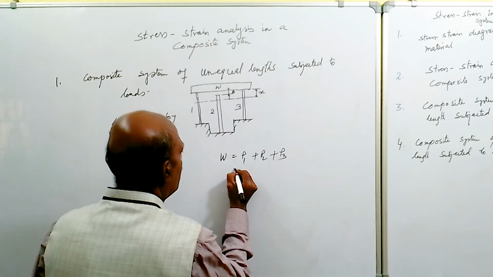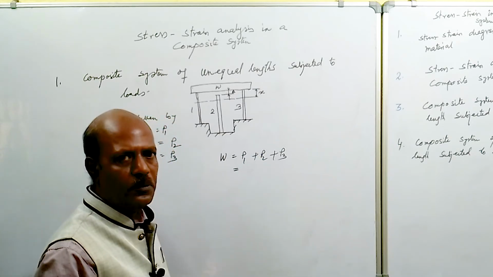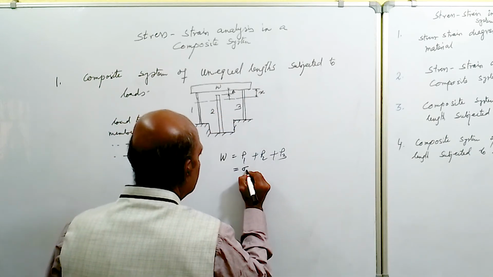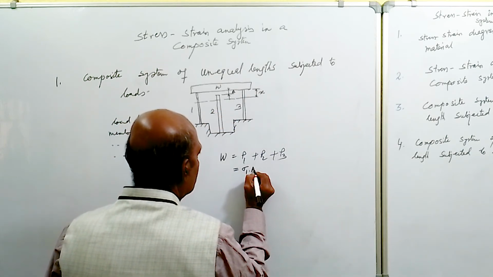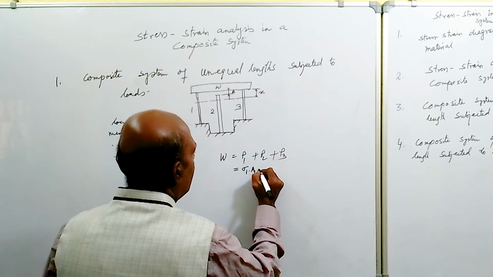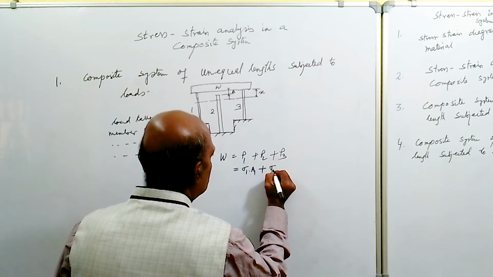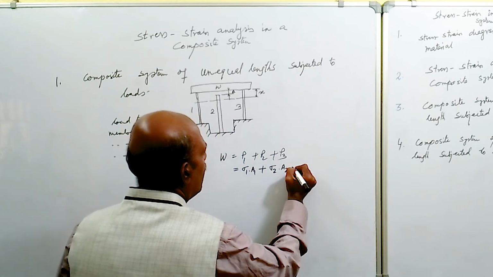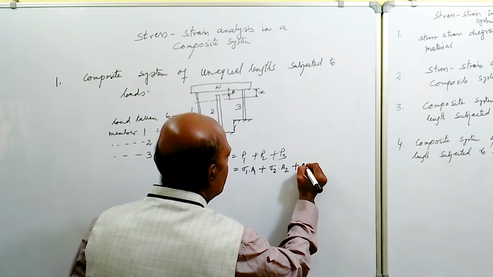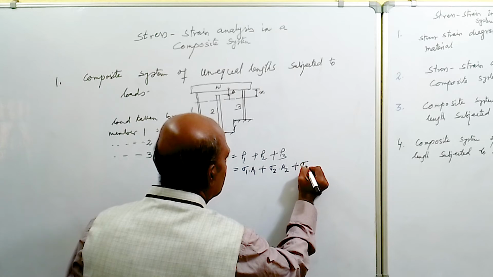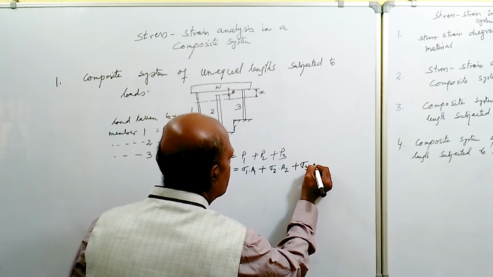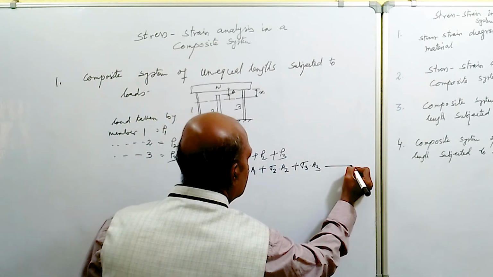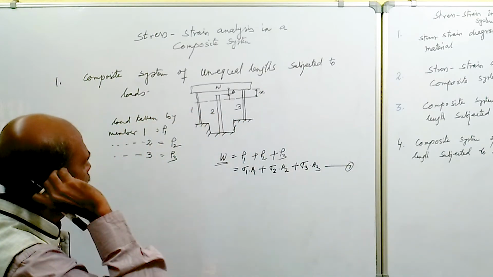We can also write that the load is equal to the stress developed in bar 1 into area of bar 1, plus stress developed in bar 2 into area of bar 2, plus stress developed in bar 3 into area of bar 3. This is the equation we have got.